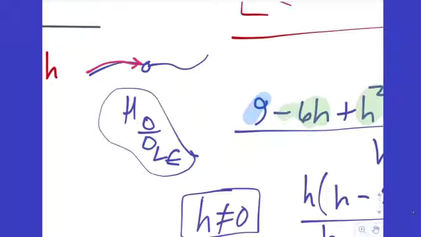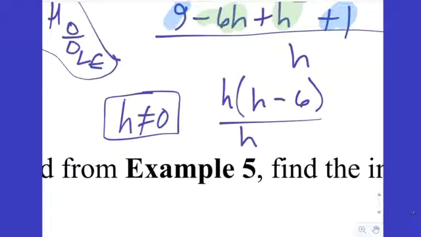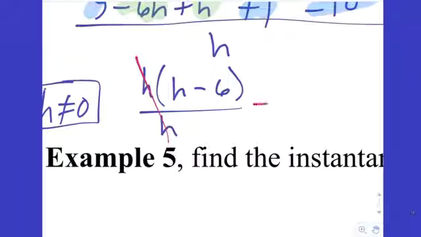In other words, we can find the y value of the hole. How do we do that? We just factor out the piece that's giving us the 0 over 0 and evaluate what we're left with. And we're left with h minus 6.